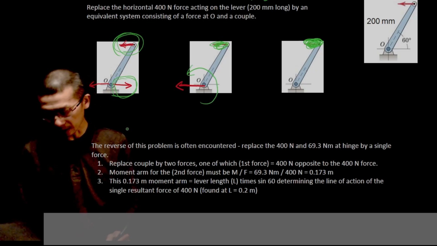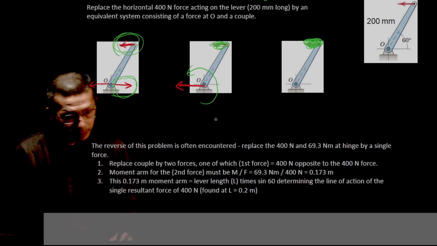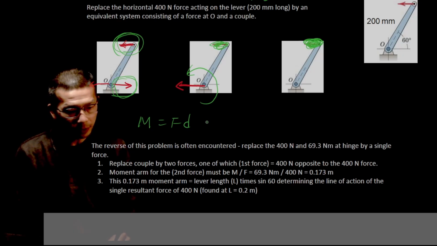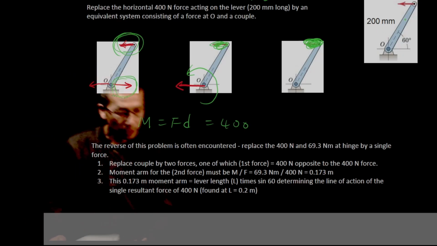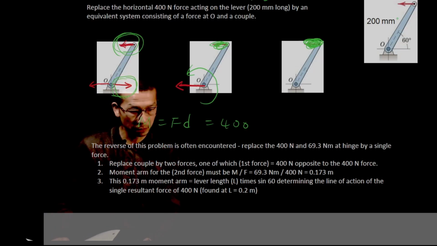And what's the magnitude there? Well, M equal to Fd, and that F is 400 Newton. The D, the vertical distance, right?